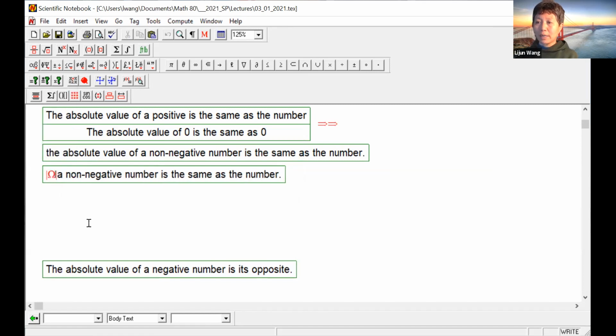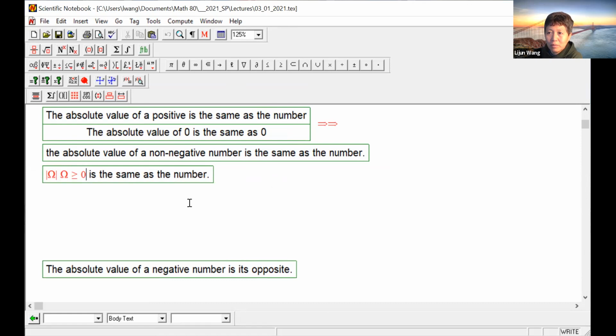We use omega just for a change. But this number in here has to be non-negative. So how do we tell the reader that this number is non-negative? We say this number has to be greater than or equal to 0.